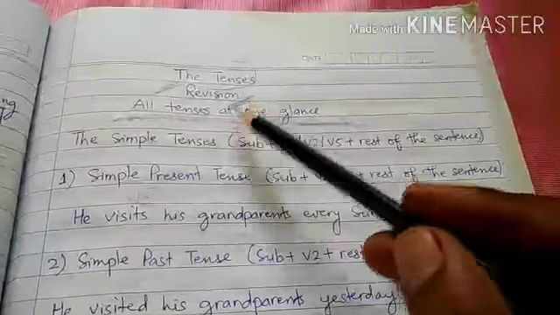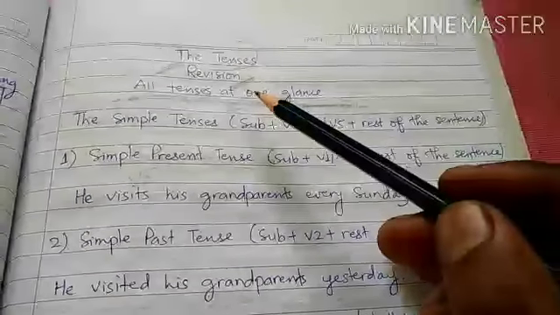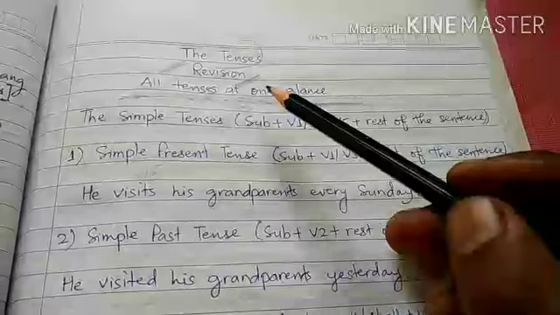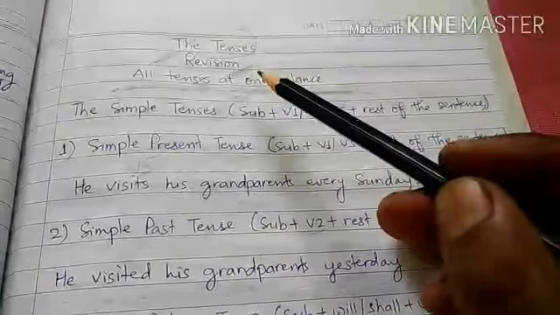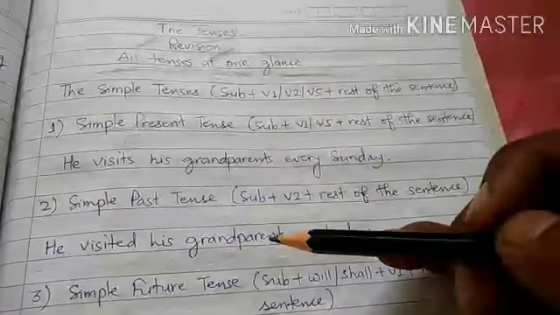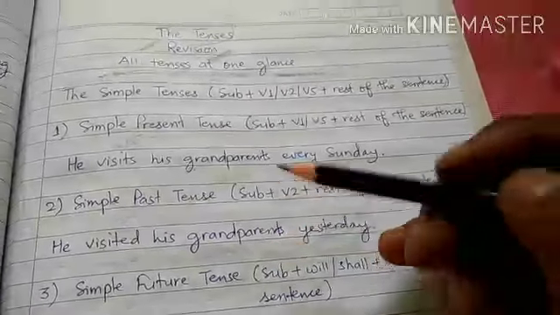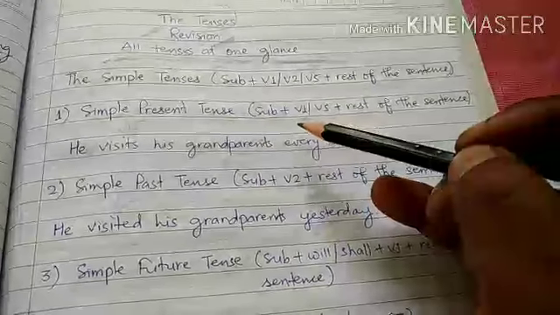That means we understood each tense and its sentence structure in affirmative as well as negative and interrogative forms. Now in this video we will learn framing sentences also, as well as transforming sentences from one tense to another tense.